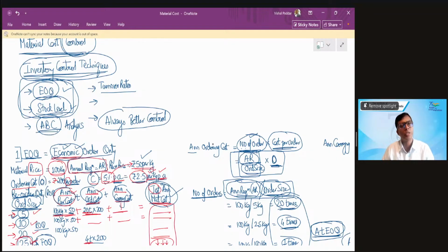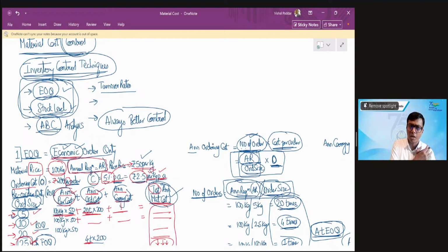And if you go to an industry, the number of materials required, let us say I am Mahindra and Mahindra company making those Mahindra SUV cars, which is today in a lot of trend. Now in one SUV car, I will be requiring around 486 parts, different small and big parts. Now, I do not have only one model, I have multiple models, and for different models, some parts are different.